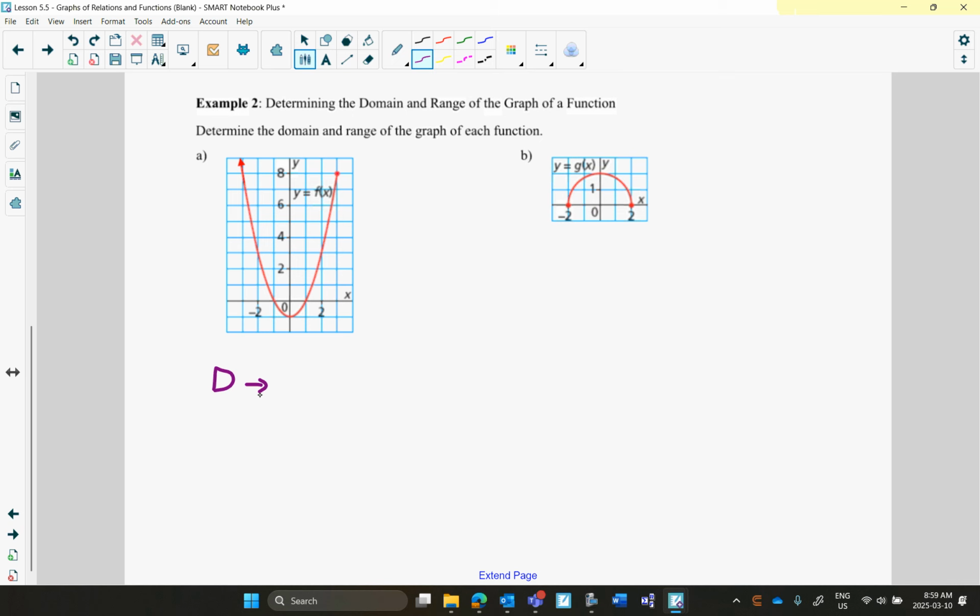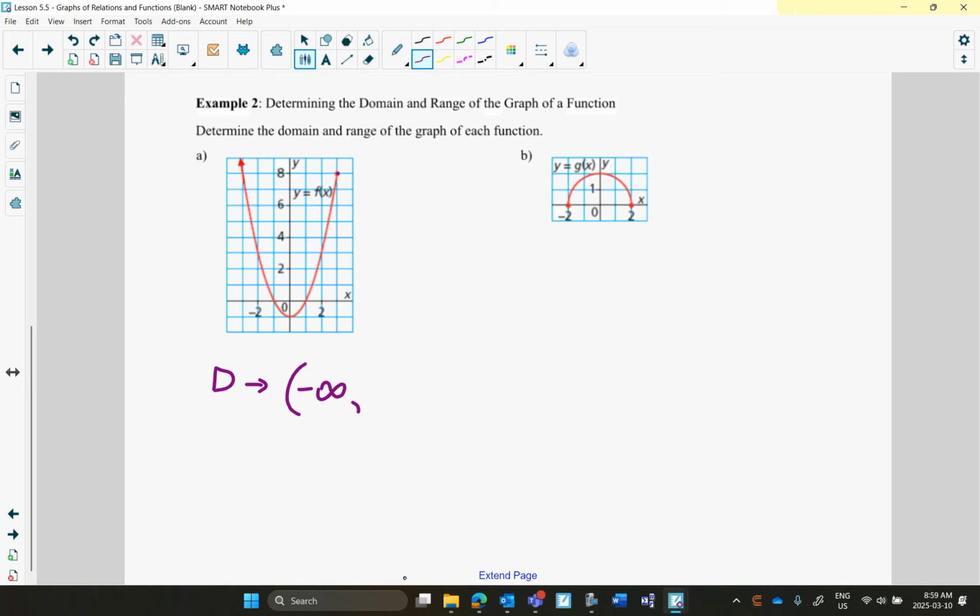Not only does this go up, but it's also going slightly left, isn't it? And it's doing that forever. So what's the point to the furthest left? Negative infinity with a parenthesis. But to the right, it stops here. It doesn't go any further.